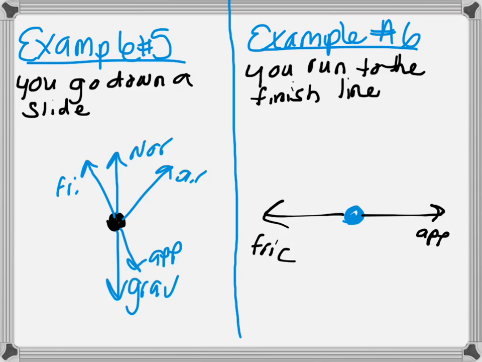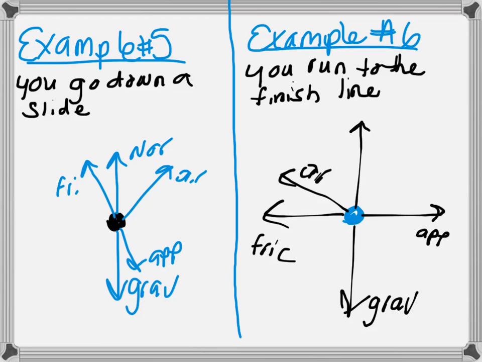So friction always goes the opposite direction of an applied force. And something else does too. Remember, air resistance also always goes the opposite direction of an applied force. If you're on the ground, that means gravity has some kind of hold on you. And if you didn't fall through the ground, then that means normal force is also helping you out. Alright, that's it.